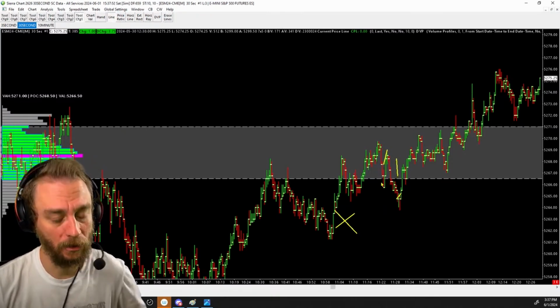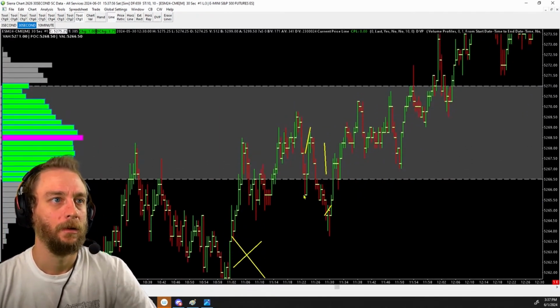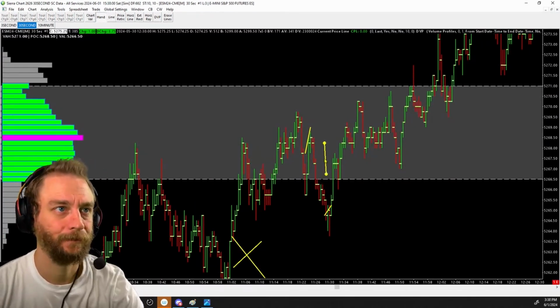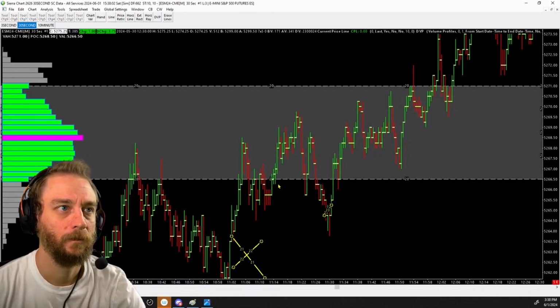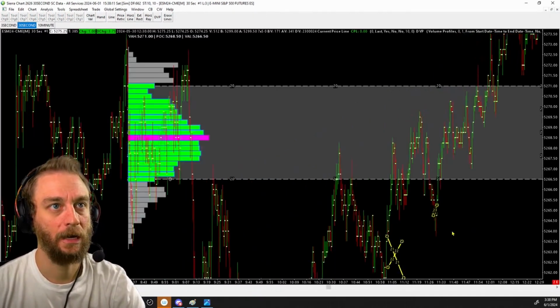Do you see how it's V-ing? We can actually zoom in. It's ripping really hard, multiple directions right here. See, it rips up, rips down, rips up, rips down, rips up. That's slipping in the middle, so you can lean on that.